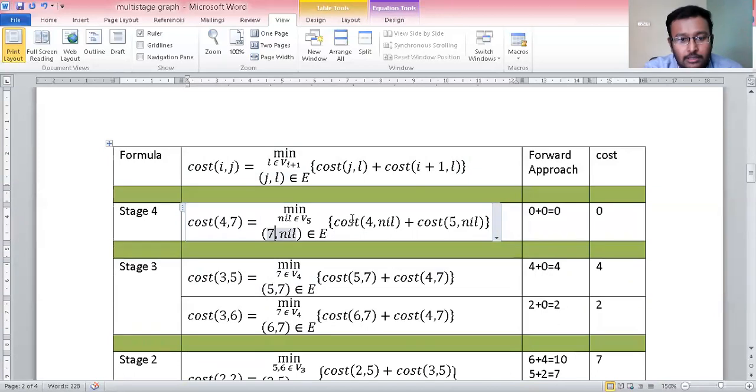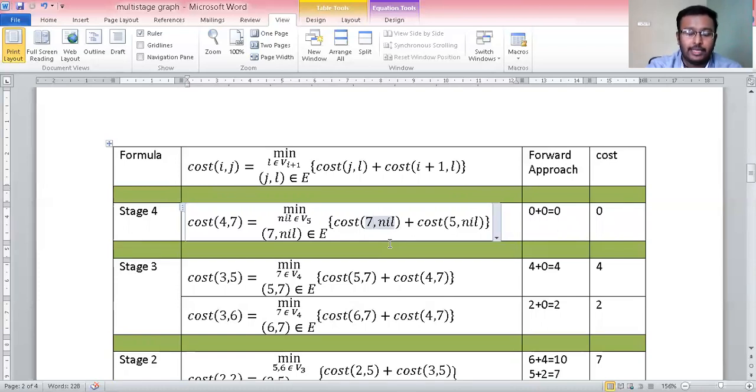So the cost of the edge from 7 to the next stage is nil again, plus the cost of the vertices at stage 5 is again a nil. See here, concentrate carefully. I have written L. Wherever L is present, I have written a nil because I have only 4 stages here.